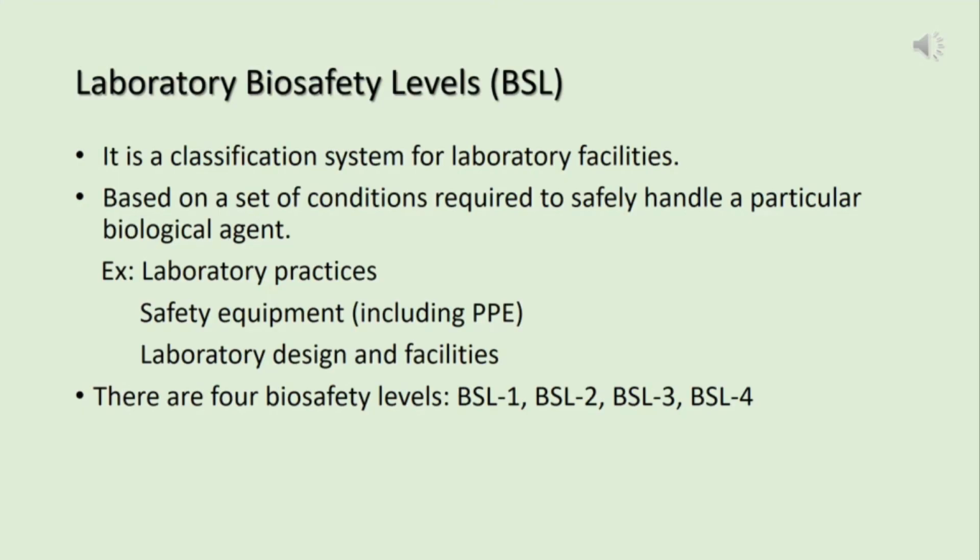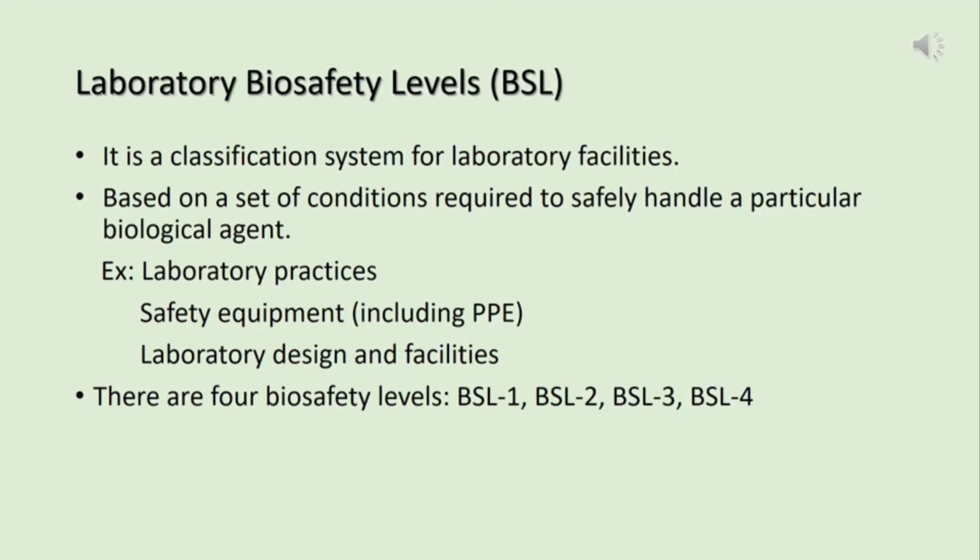For example, if you want to handle the SARS coronavirus, they will tell you which biosafety level you should use: is it BSL 1, 2, 3, or 4? What laboratory practices should you follow so that you won't get infected? And what kind of safety equipment or PPE should you use? These are based on a set of conditions required to safely handle a particular biological agent.